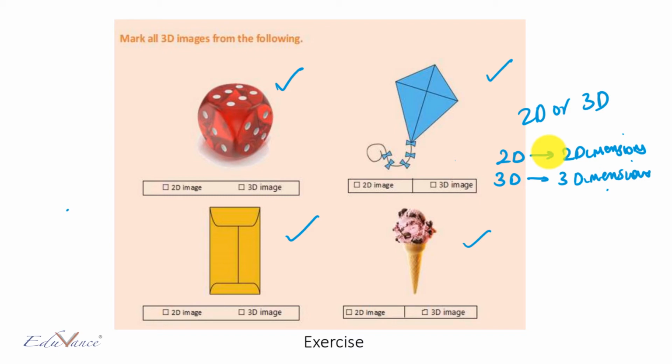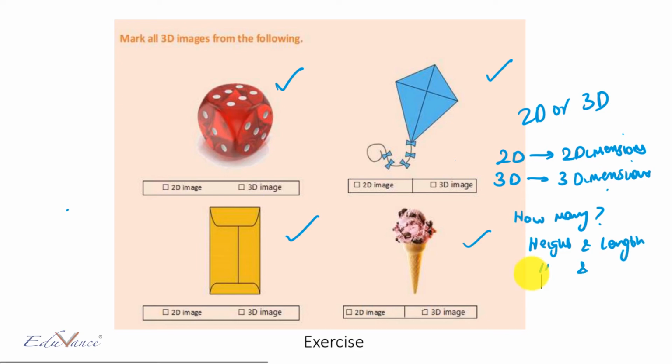First, I'll give you a hint where you need to look at how many dimensions are there, whether it's height and length, whether it's height and width, or whether it's length and width.